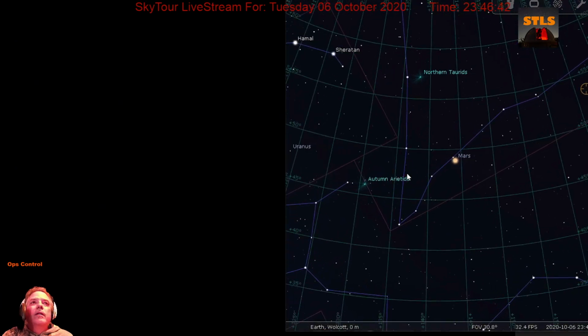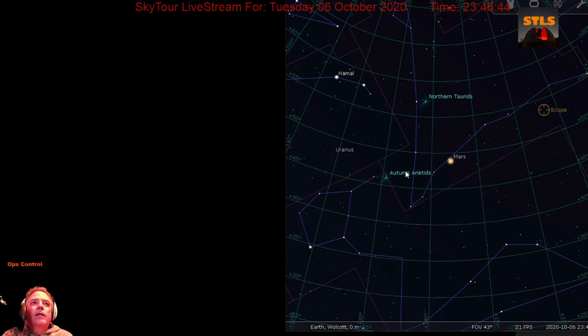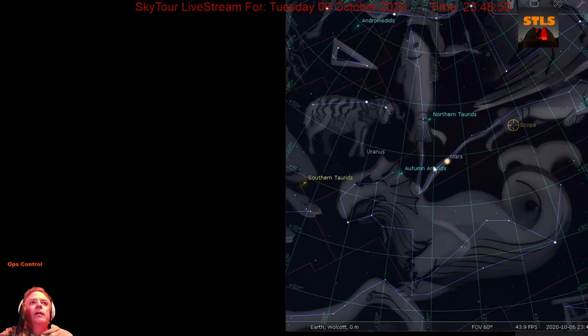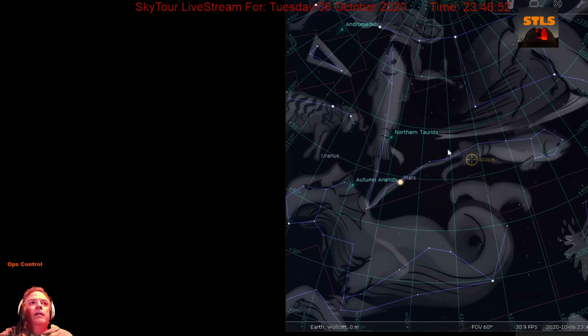Can you scroll back out a little bit and put the constellations back in? The mythological figures? Okay, you see Pisces. Pisces is two fish tied together by a ribbon or a cord around their tails. Can you see that? Pisces is not a prominent constellation.